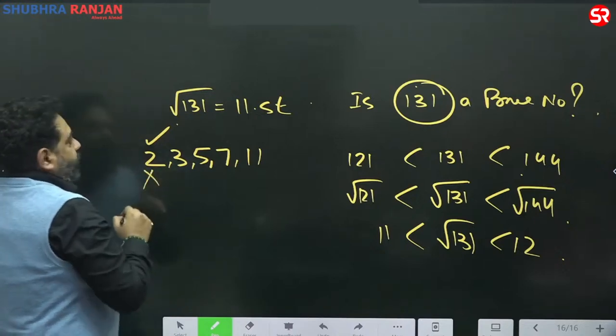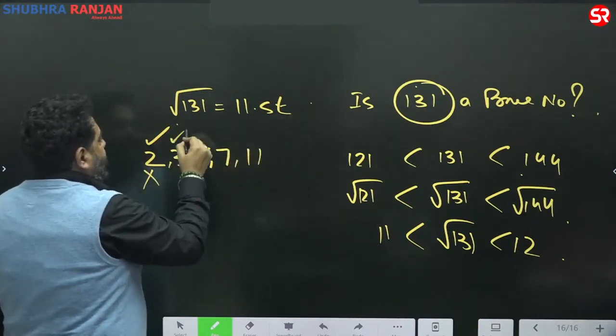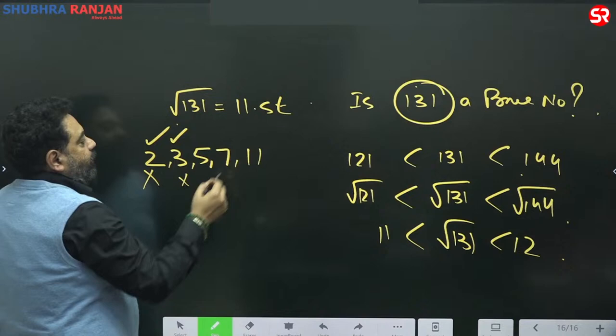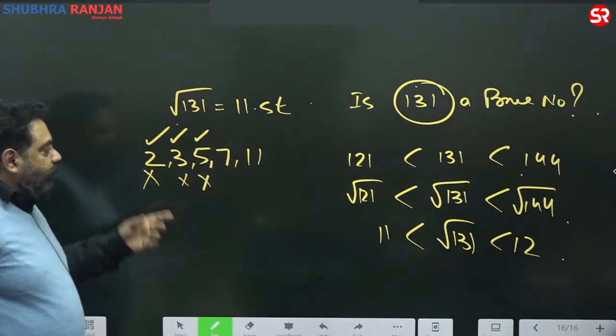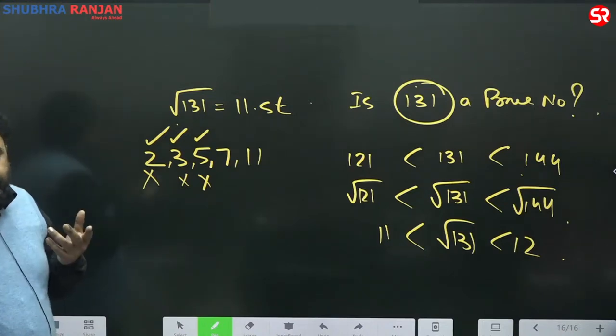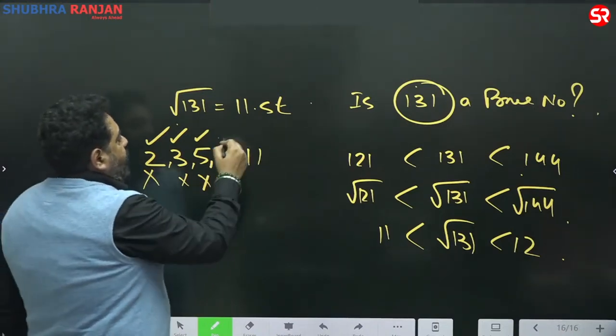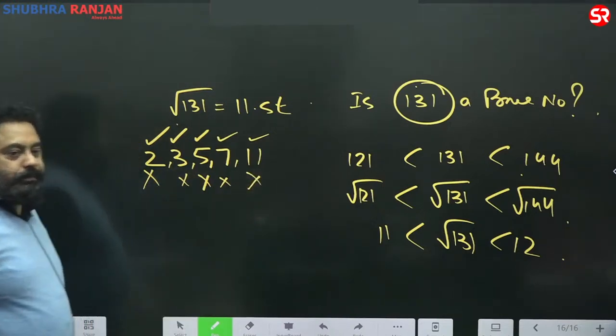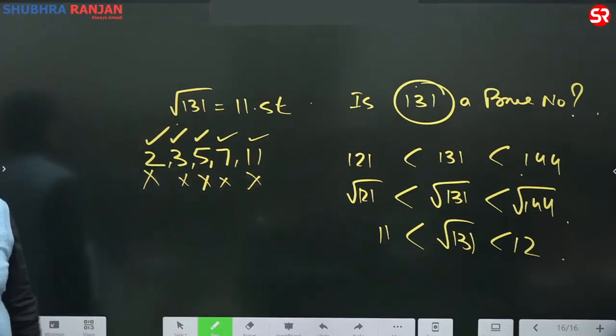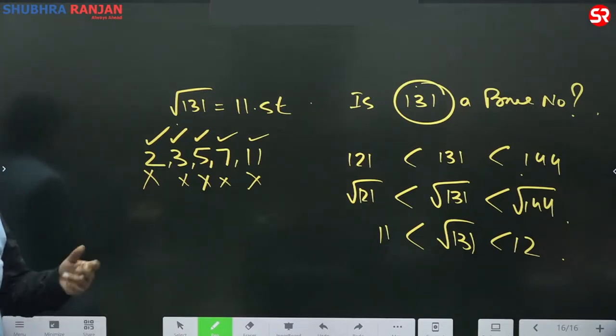No. Is 131 a multiple of 3? No. Is 131 a multiple of 5? No. Does 131 exactly go by 7? No. Does 131 exactly go by 11? No. 131 is a prime number.